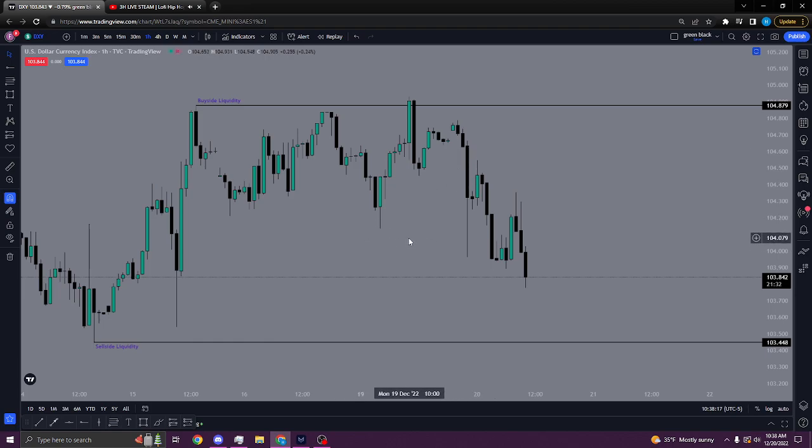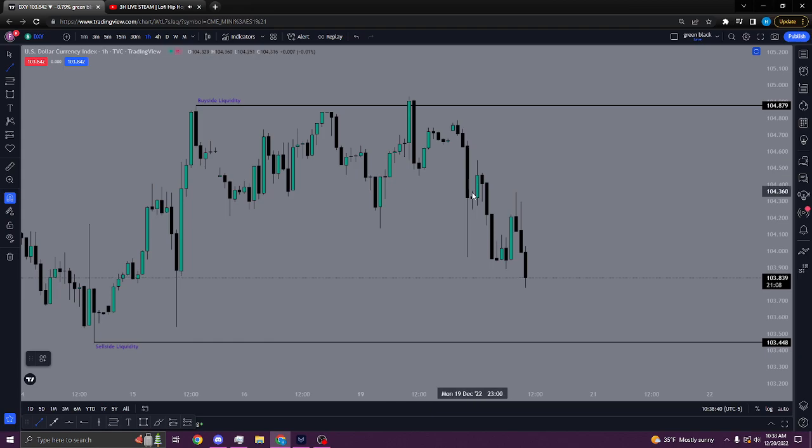Once we took this old low, as you can see, we left the fair value gap here. Price trades into there, but this is around that New York midnight open. So we're not trading, but we're still watching price action.